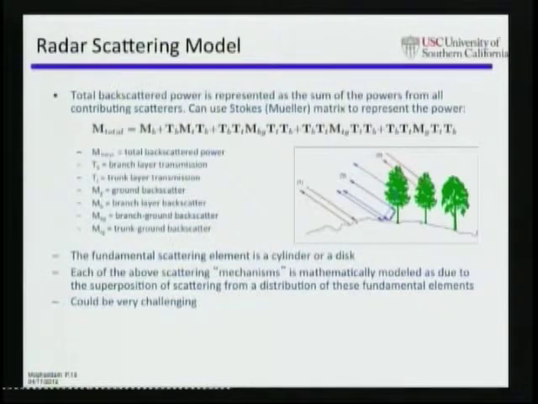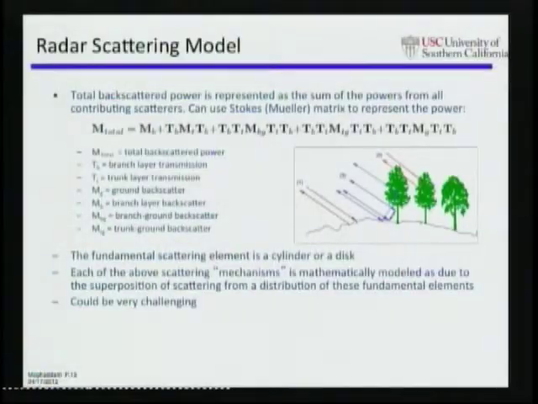We call each one of these a mechanism. The surface is a scattering mechanism. The volume scattering from the crowns is another mechanism. The double bounce between the canopy or the trunks and the ground is another mechanism. It's just the lingo used in the community.